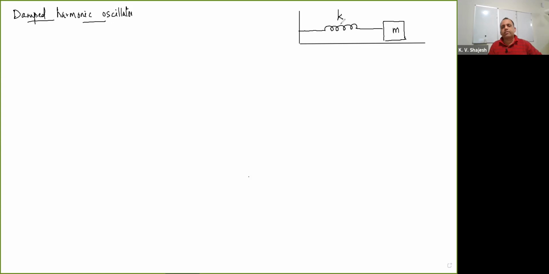The material characteristic of the spring is described by what is called a spring constant. The mass M comes into the picture, and we also want to have a frictional force, not the usual frictional force due to the floor, which is given by Coulomb's law of friction. No, that's not what we want.